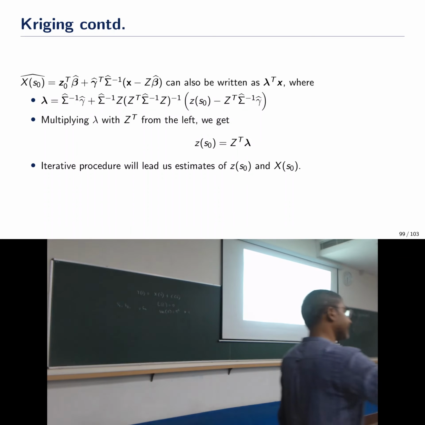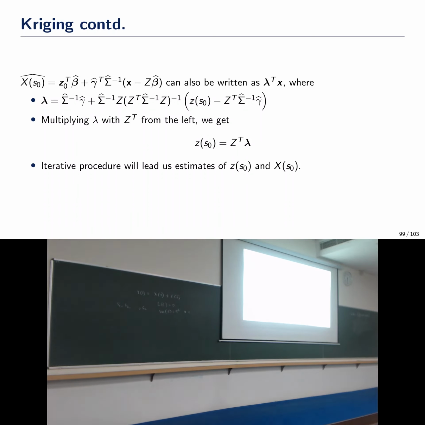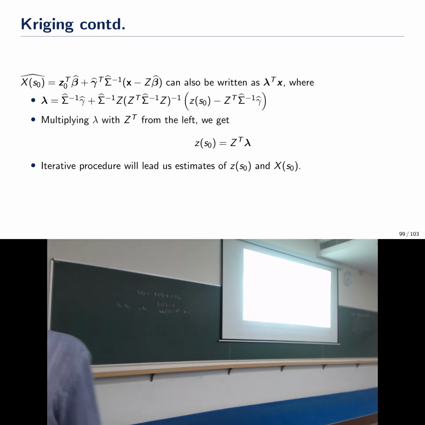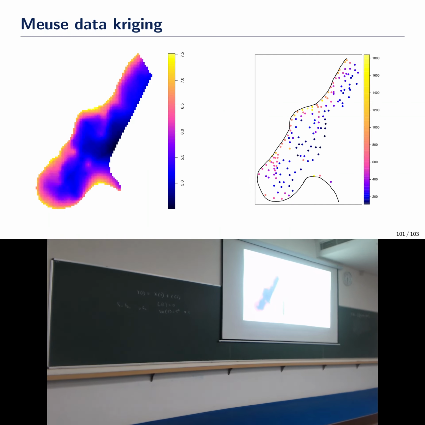Then we just iterate, meaning that you start with an initial value of z of S0, you obtain the lambda naught, you obtain the corresponding x of S0, and then using that you again obtain z of S0 using this particular form. So you iterate and you stop when the process converges. That ends the story essentially.